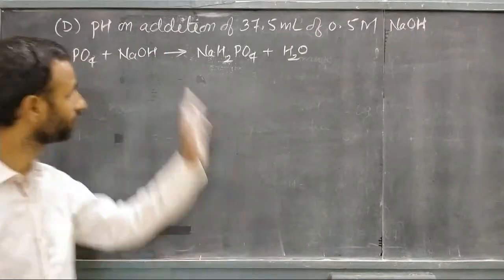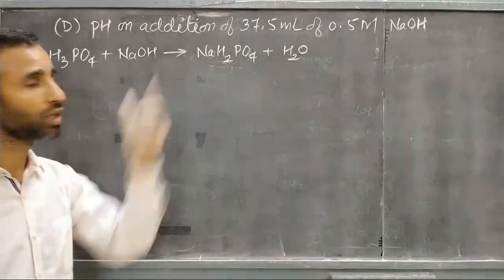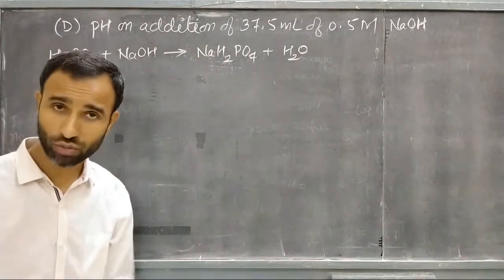So this is the thing, phosphoric acid reacts with sodium hydroxide to give NaH2PO4 for the first equivalence point.